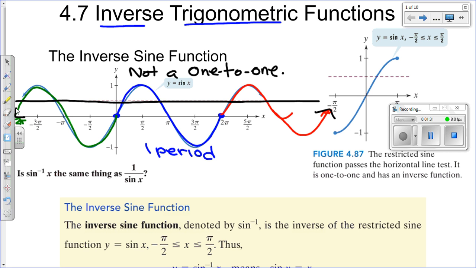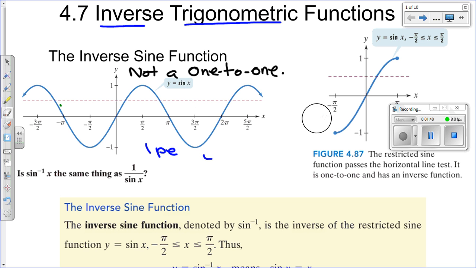So if we were to get the inverse of the sine function, the inverse is not going to be a function. It will only be a relation. So what we have to do here is restrict the domain so that our graph can pass the horizontal line test.